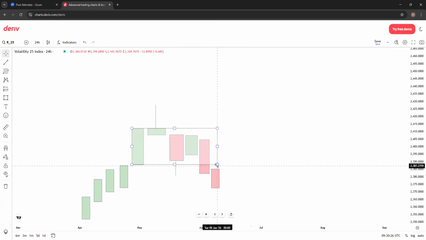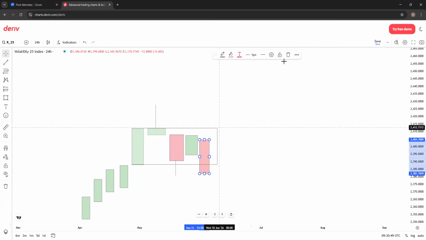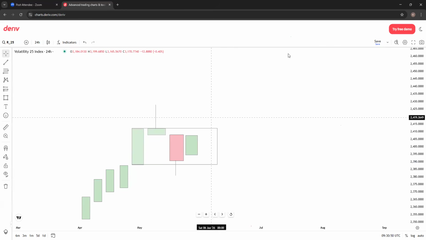So whenever you are breaking a point, always look for at least two candlesticks that are consecutive in the direction that you're looking at. And when you get those two candles, start entering. Don't base off on one. Now, let me remove this here. Let me remove this. Let me remove this. Let me remove this.